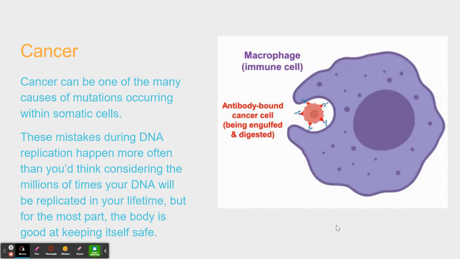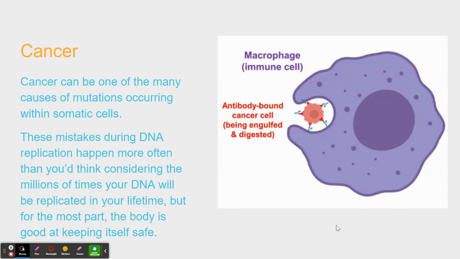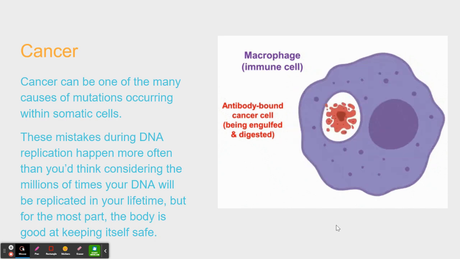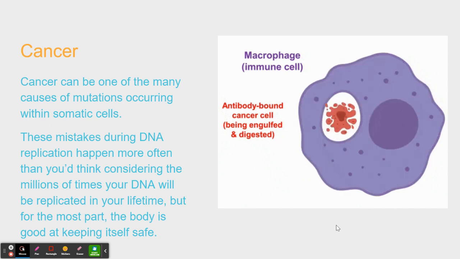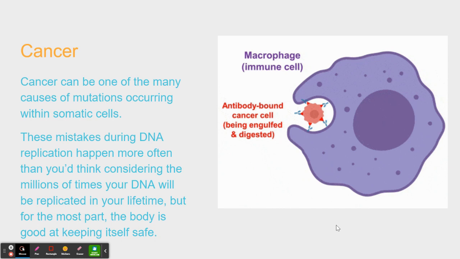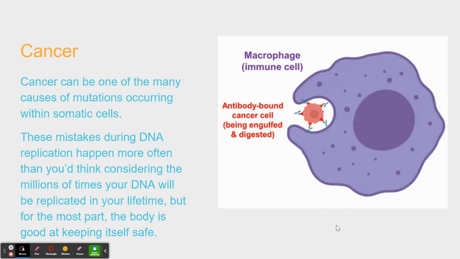Now, the problem with mutations is that they can also cause things like cancer. Cancer being one of the major causes of cancer being these mutations. It's a good thing that although this actually happens a lot and cancer can become a result of it, your body's actually very good at dealing with these mutations and keeping you healthy.